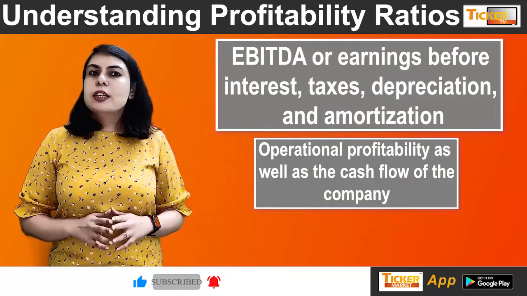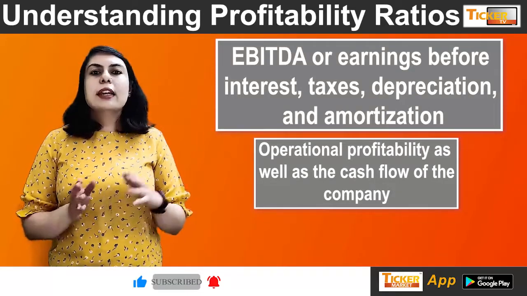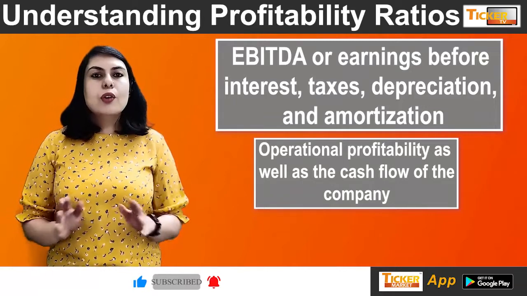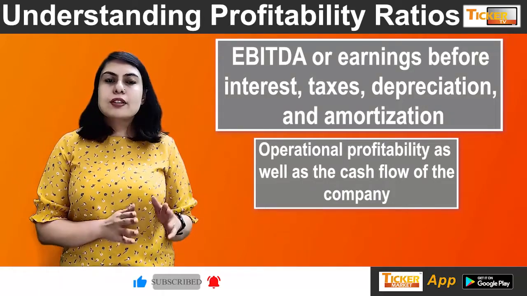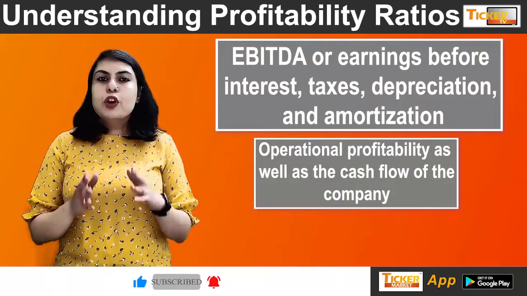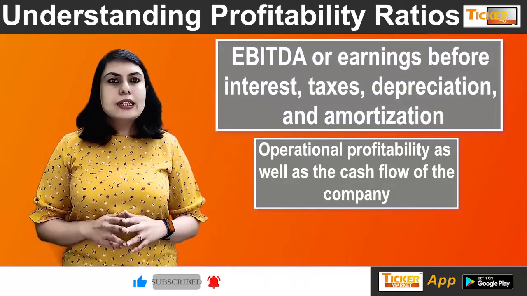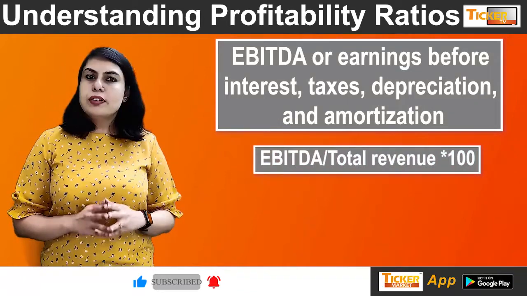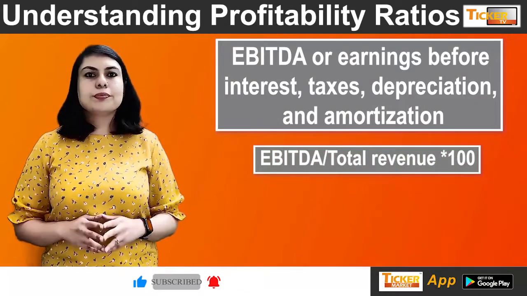An EBITDA margin is used to determine the efficiency and performance of the company along with its earning potential without focusing on aspects like taxes or debt financing. The formula for calculating the EBITDA margin is as follows, where we can see the EBITDA is divided by the total revenue and multiplied by 100.